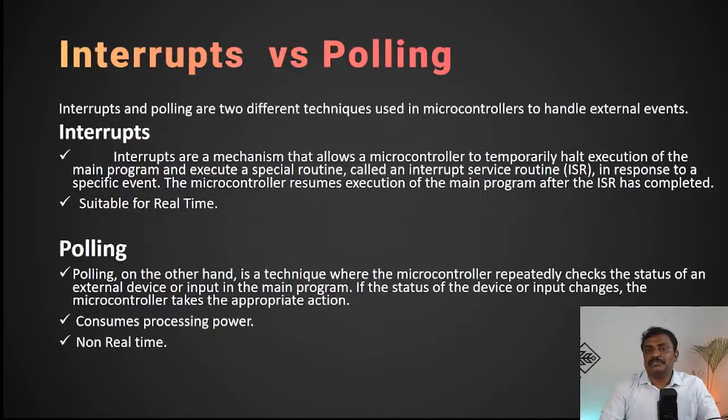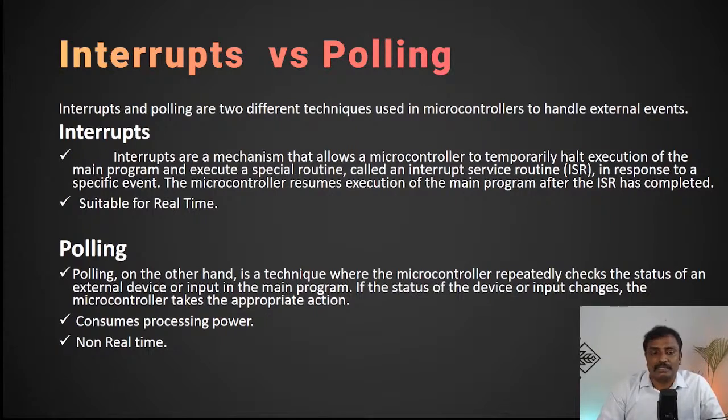Coming to the difference between interrupts and polling: interrupts are suitable for real time, whereas polling is not. Whenever an interrupt event occurs, the interrupt service routine is called and the interrupt handler executes.